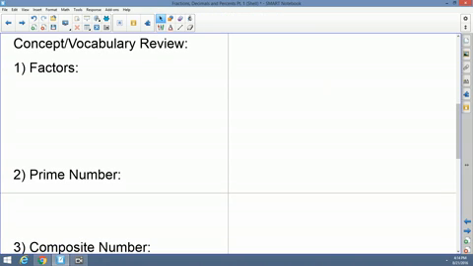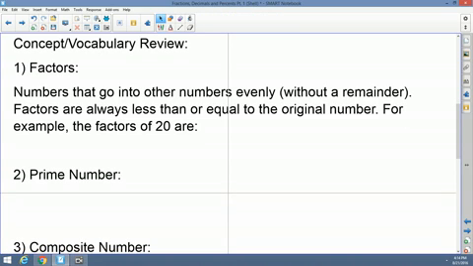Let's take a look at what factors are. Factors, simply put, are numbers that go into other numbers evenly without a remainder. Factors are always less than or equal to the original number.